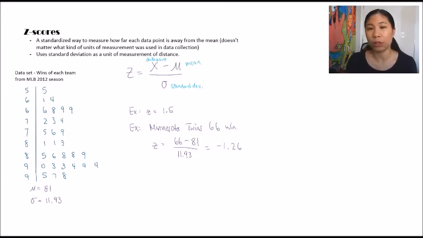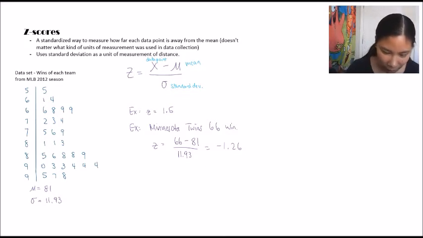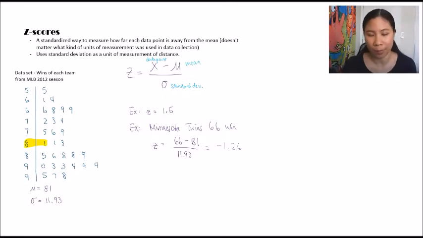So if you were closer to the mean, then your z-score would be closer to 0. Because if you are exactly the mean, so let's say this team right here scored 81. I don't know what team that is.